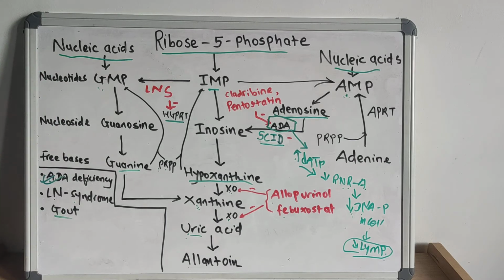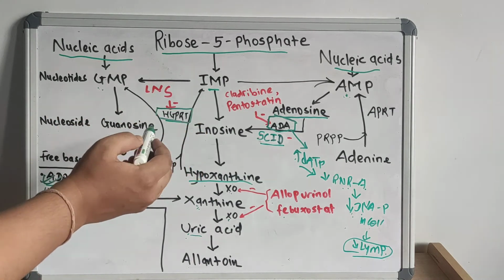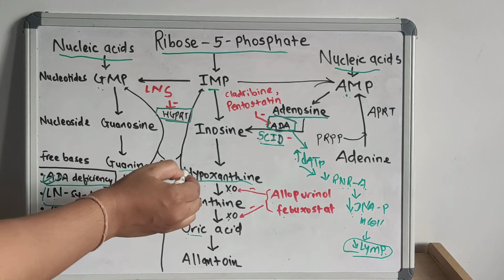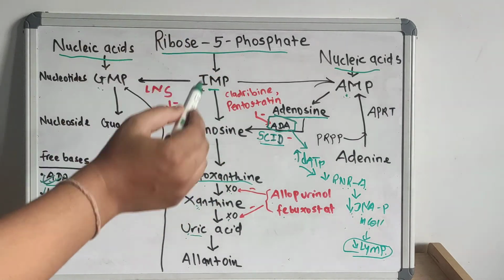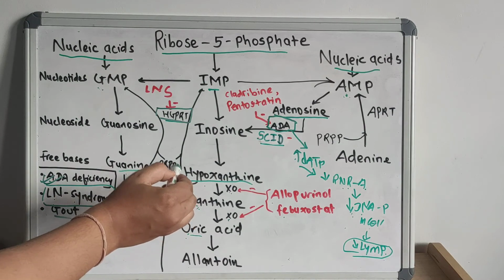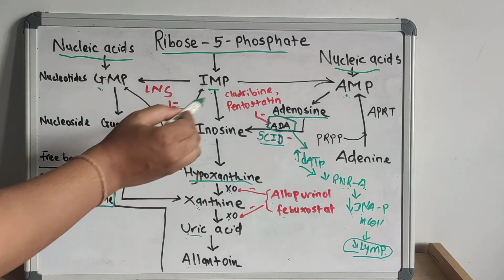Now let's talk about Lesch-Nyhan syndrome. As we already discussed, HGPRT is required for the conversion of hypoxanthine and guanine to inosine monophosphate and guanosine monophosphate respectively.